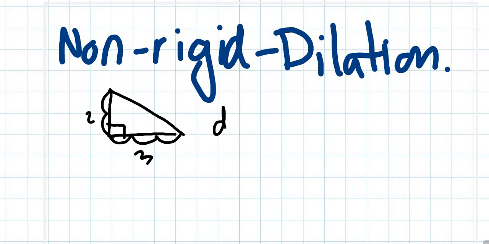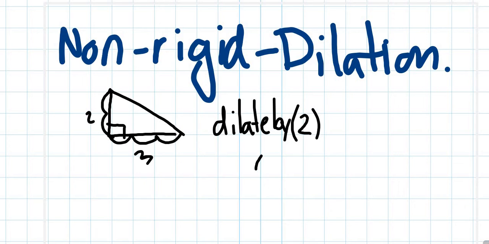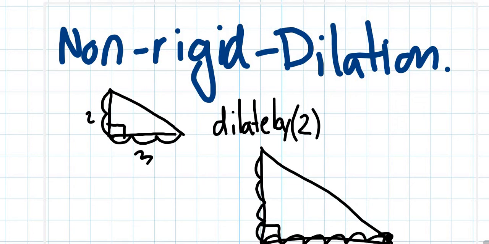If I dilate by 2, in other words, I multiply it, then it changes in size, and I get a triangle that would be 4 units by 6 units. This new triangle, you can see it's the same shape, but it's a different size. That's called a non-rigid transformation, also known as a dilation.